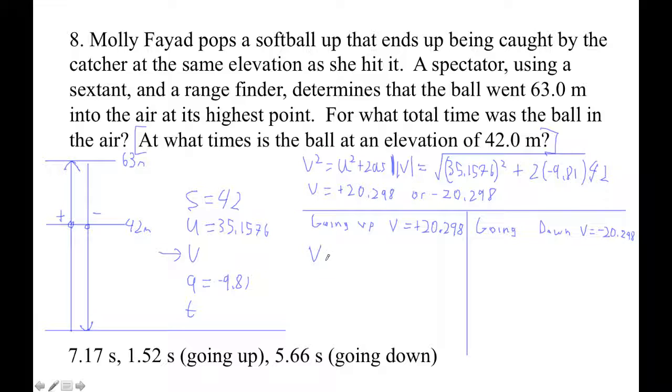So v is u plus at. Okay, so positive 20.298 equals the initial velocity, so this guy, 35.1576, that's the velocity it has on the way up, plus negative 9.81 times t.